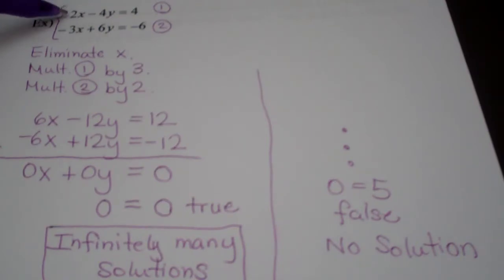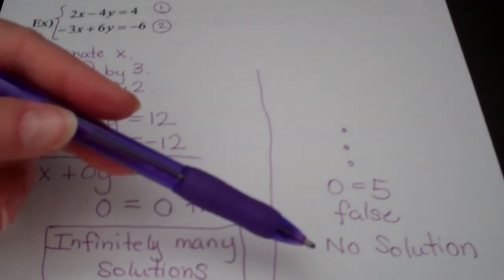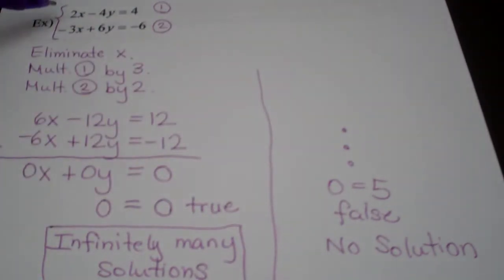But if you can look at the equations before you get started, sometimes you can recognize that either they're multiples of each other, which would be the case where they overlap and there are infinitely many solutions, or you may notice that they're multiples of each other on one side but not on the other, and in that case that would represent the parallel lines, right? No solution. So I think if you were to multiply by 1.5, you would get this equation. Same thing here, same thing here. So if you notice that at the very beginning, then maybe you would have saved yourself some time.